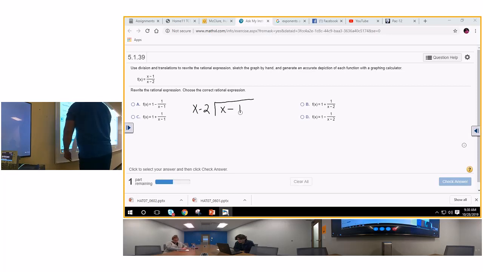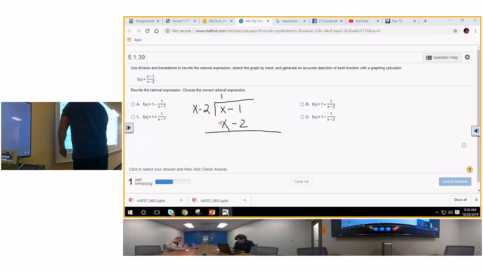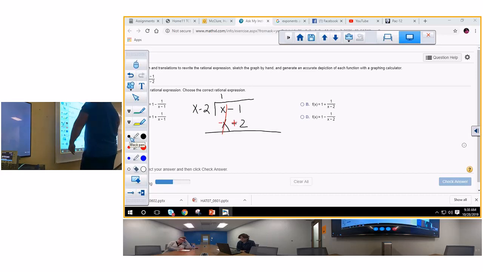How many times will x go into x? 1 times x is x. 1 times negative 2 is negative what? We always subtract. So this is going to be a negative, and that's going to be a positive. The first line always goes out. So that leaves us with negative 1 plus 2 is 1 remainder.